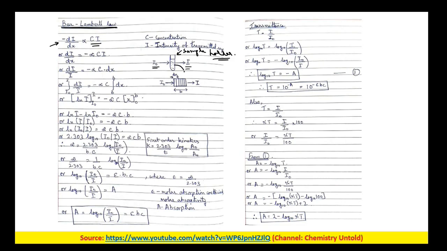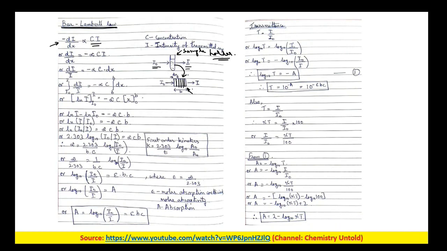Now, if we take this sample holder, suppose this is the sample holder over here. In actuality, what is happening? We can divide this cell into a number of subcells, and the width of each of these subcells is dx.